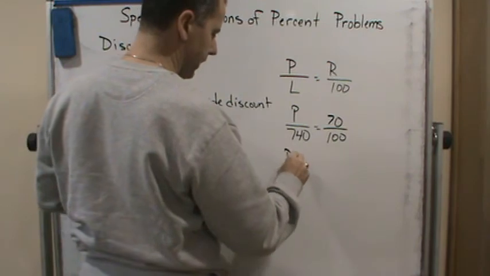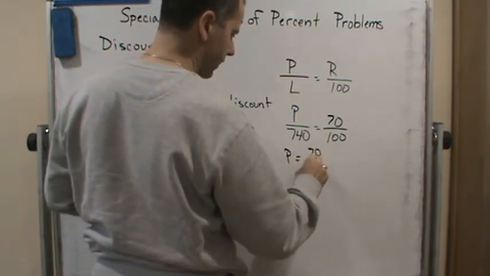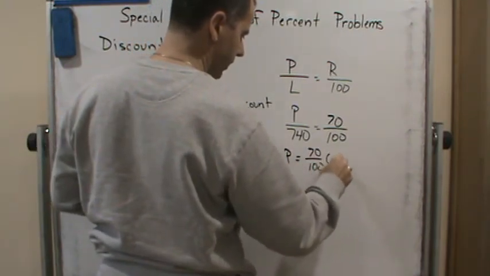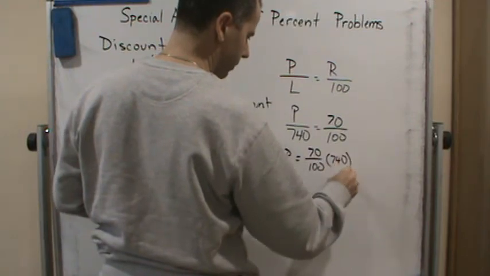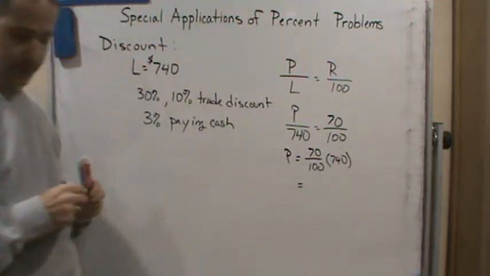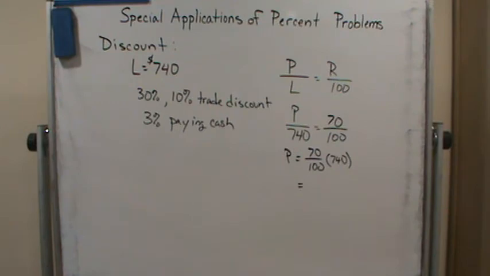And so that means I'm going to get P equals 70 over 100 times 740. And so I can figure out what the price is going to be. And it turns out that the price, P, is going to be 518.